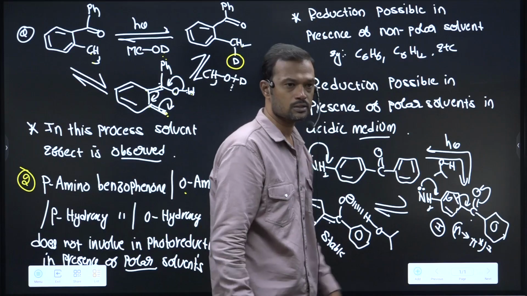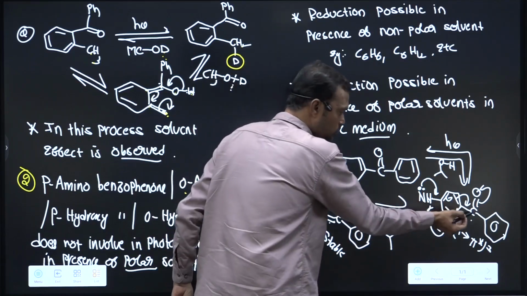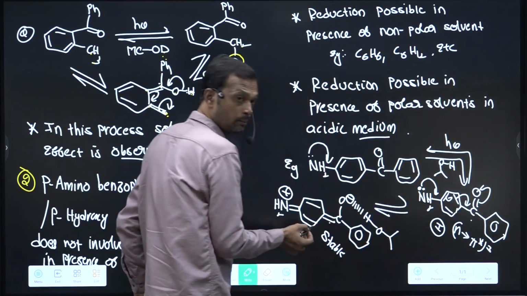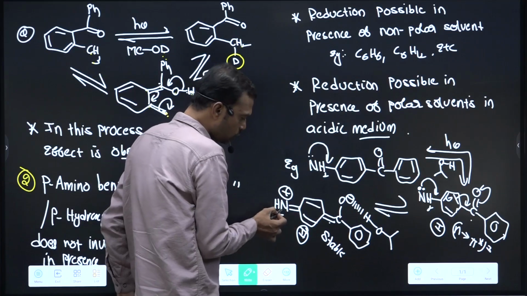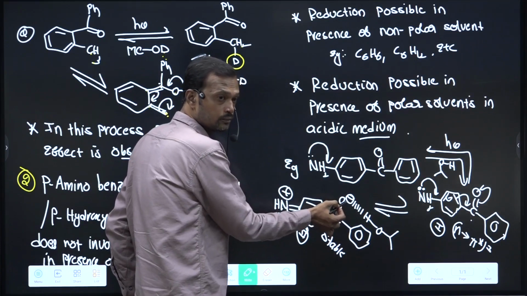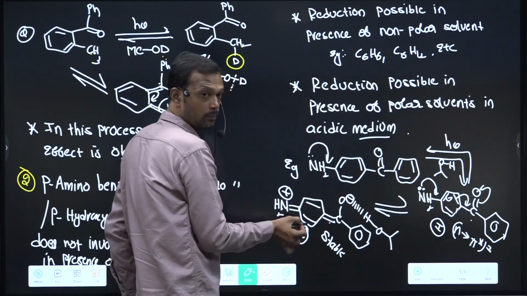But what I am saying is, normally keto is more stable than enol. This is the keto form. What is this form? Enol. If this hydrogen migrates from here to here, then what will you get? Enol. So normally the ketone is more stable than the enol form.